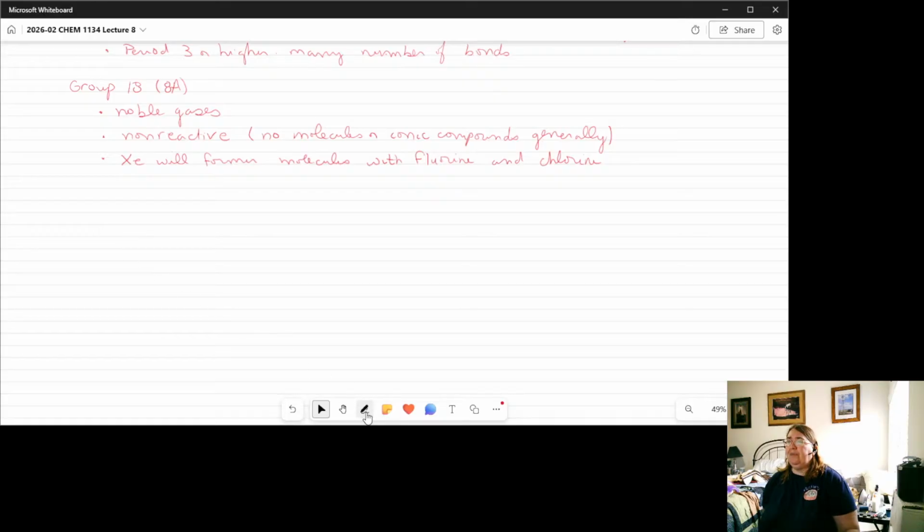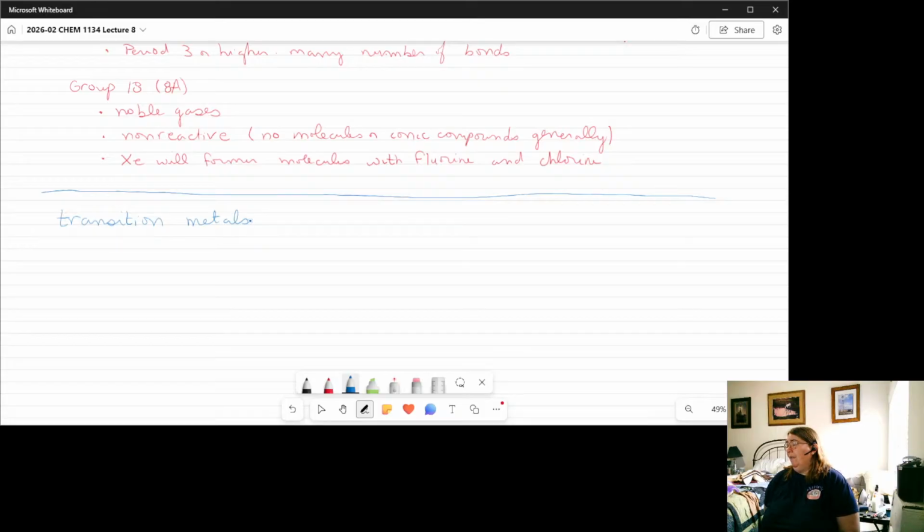So, with that being said, now that we've covered the S&P block, let's look at the transition metals. Now, the reason why transition metals generally are not involved that much in chemistry, and the truth is ionic compounds, you're more likely to see certain ionic compounds in biology because they provide important minerals to the body in nutrition than you are in chemistry.